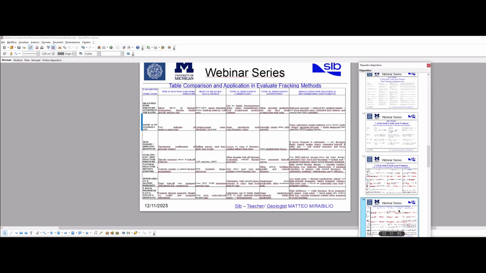We have a table of comparison and application in evaluating fracture methods: direct drive of fracture propagation, fracture height growth, and loss risk. So why does it matter for pore pressure? You have several parameters and indicators.